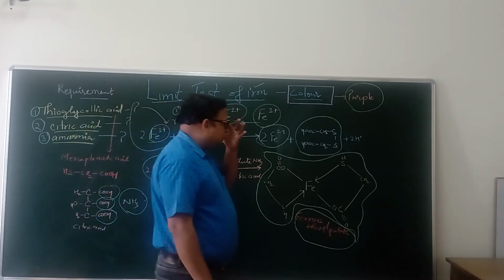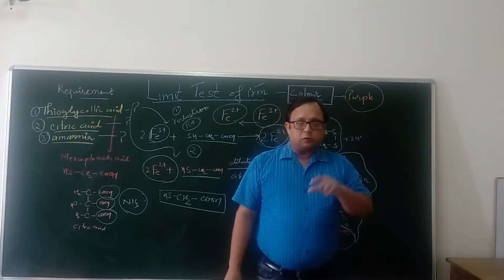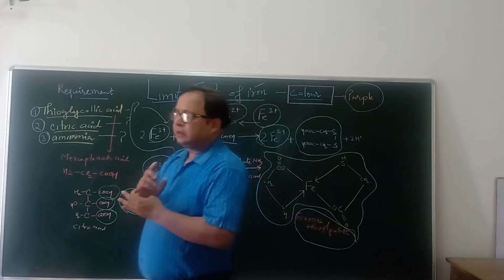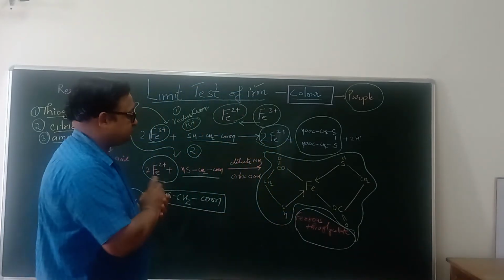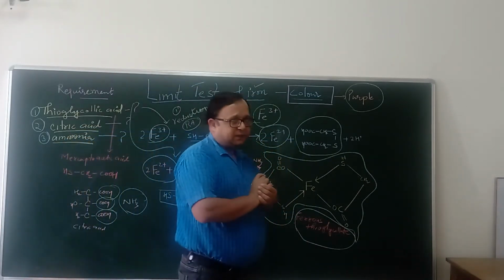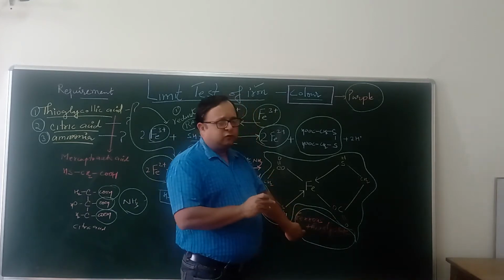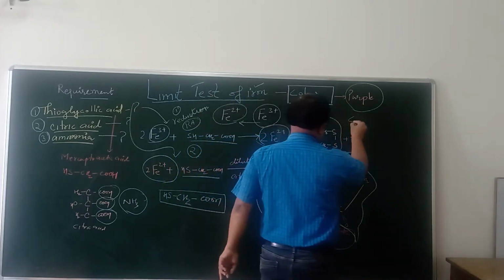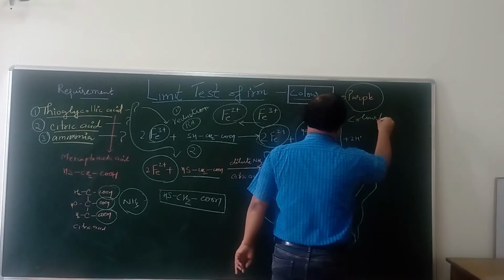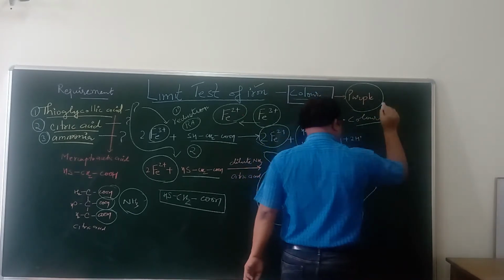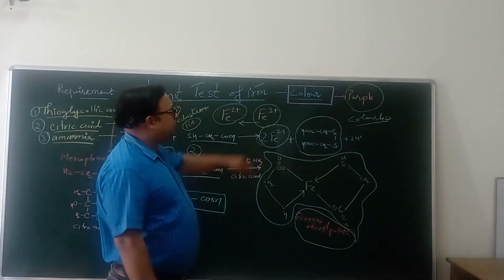So now I hope you have understood the role of thioglycolic acid in the limit test of iron. Now a very interesting fact: this ferrous thioglycolate is colorless, and we are talking about the color.